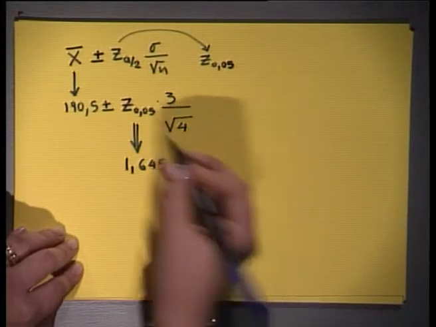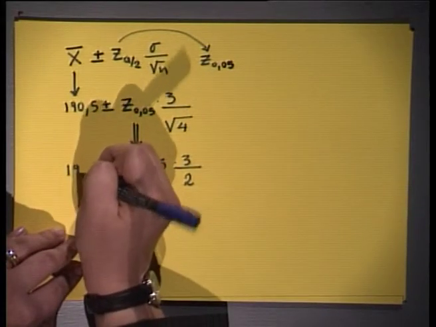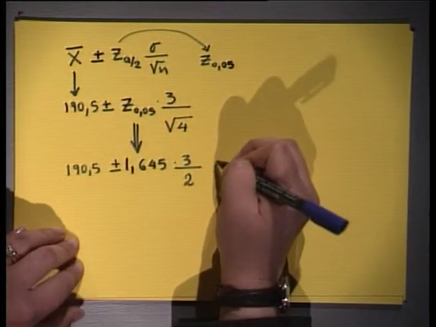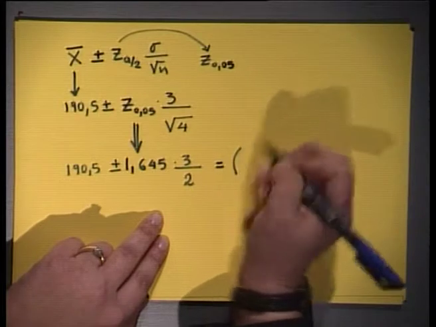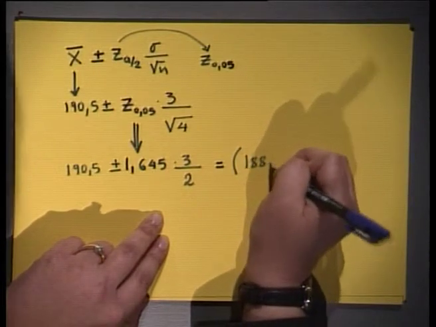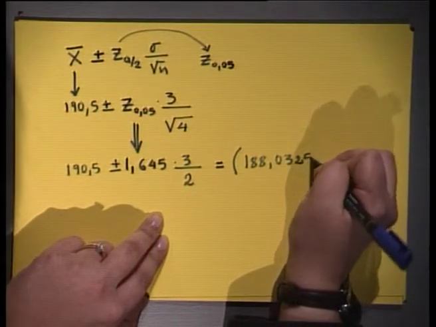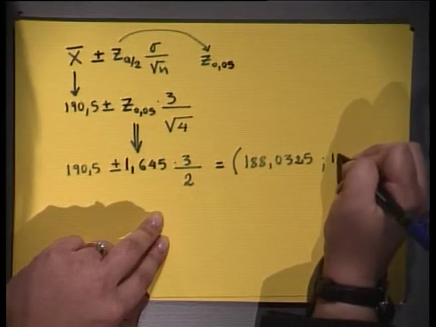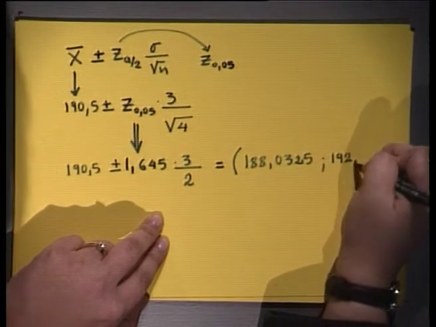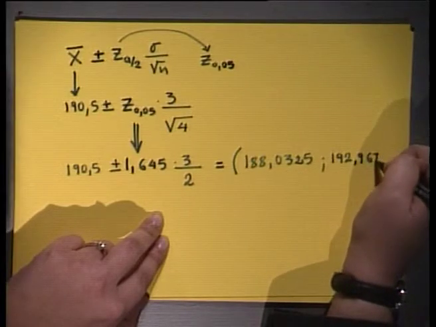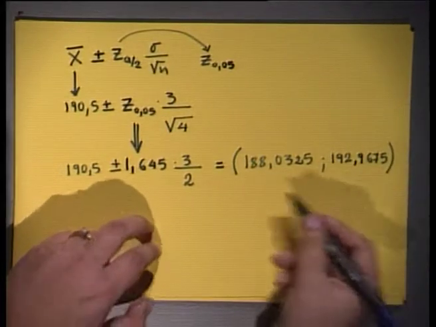If we do the calculations, we find that this interval is the interval 188.0325 up to 192.9675. And so this is the confidence interval for the mean from the mean we have calculated.